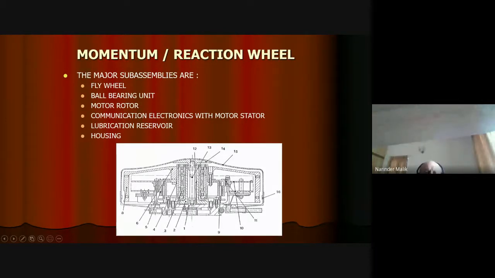The most critical element is the lubrication system, which governs the life of the momentum wheel. The lubrication system supplies constant lubrication to the ball bearing, so as to minimize the friction losses.